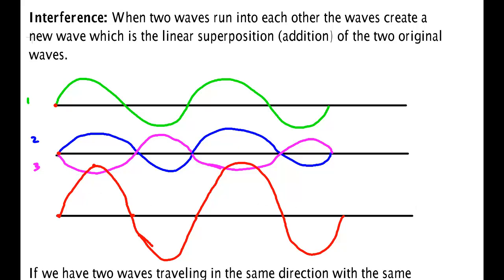You can do the opposite if the waves are out of phase. For instance, this purple one could be added to the green one. And if you did that, you'd have 0 and 0, and that would produce 0. So that doesn't seem very unusual. That's just the same point we had before.